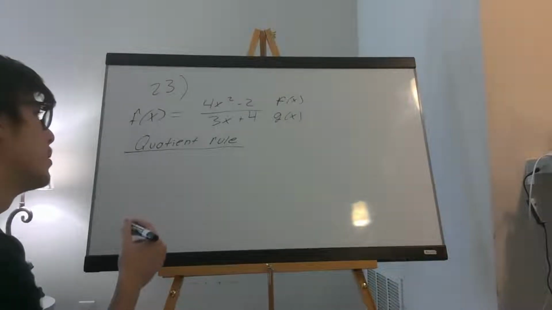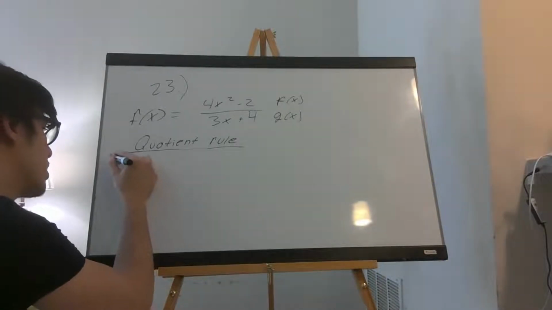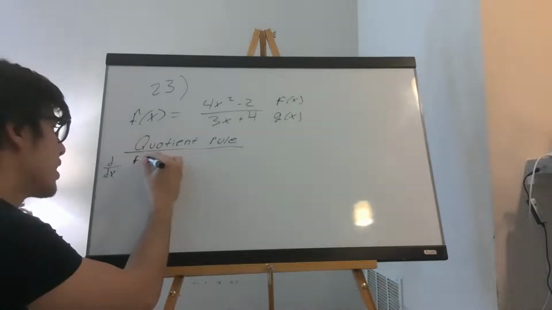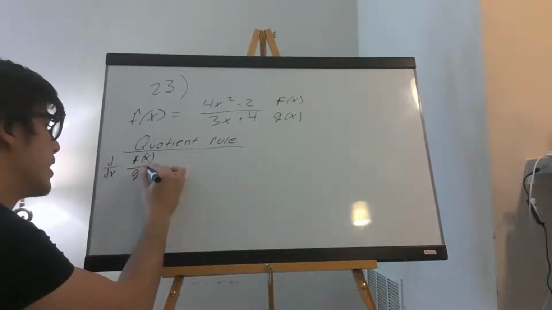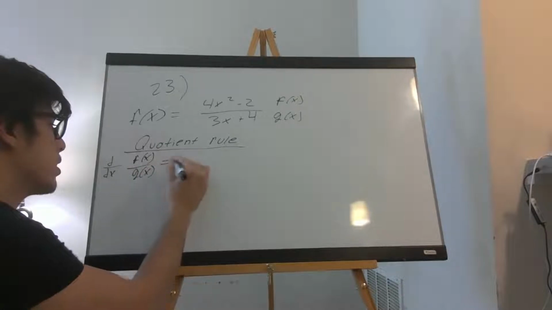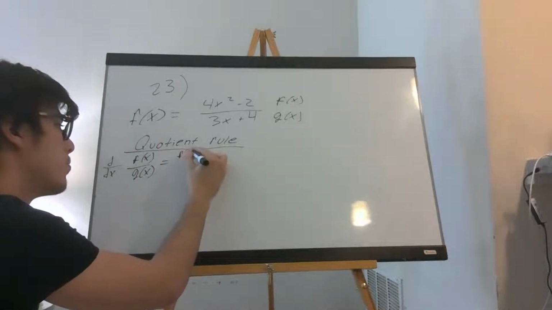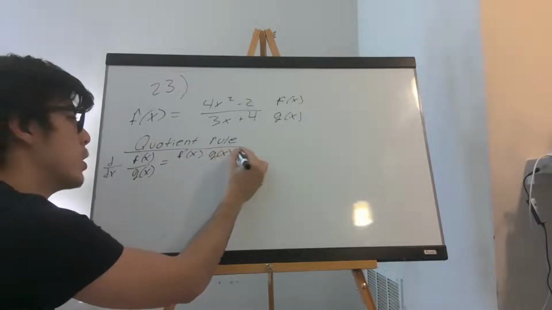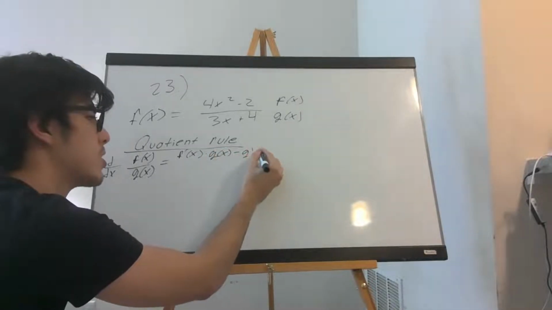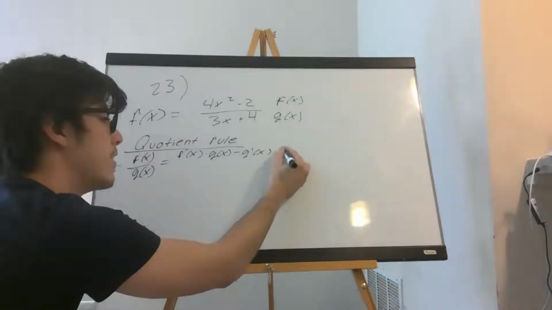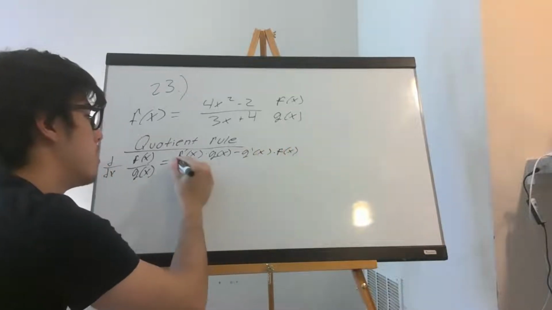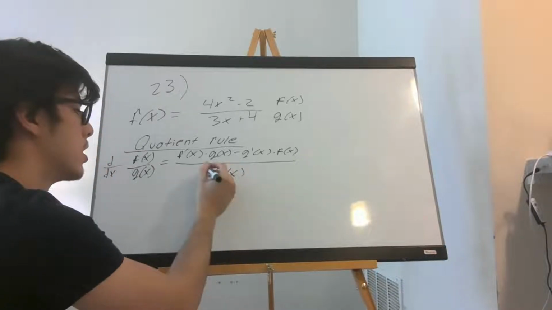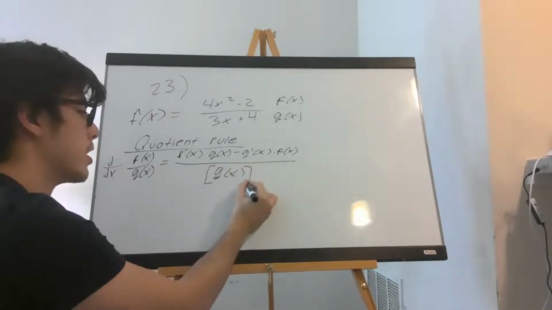If you guys remember, the way the quotient rule works is that d/dx of f of x over g of x is equal to f prime of x times g of x minus g prime of x times f of x, all over g of x squared.